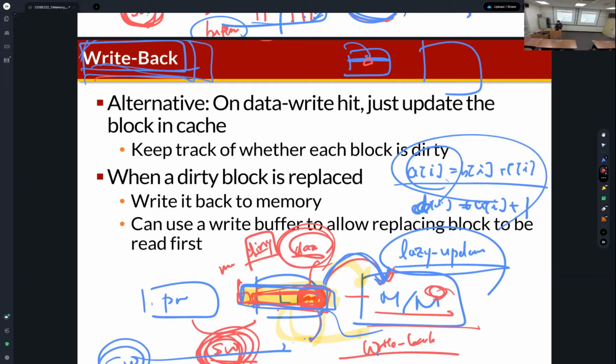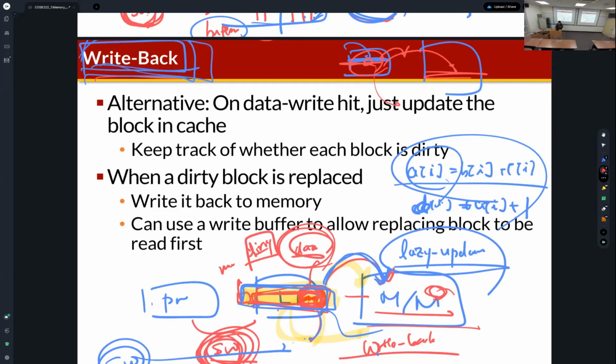I said that when this cache block is deleted from the cache, because the cache size is smaller than the size of the memory, then this line is updated to the main memory. This is the write back policy.